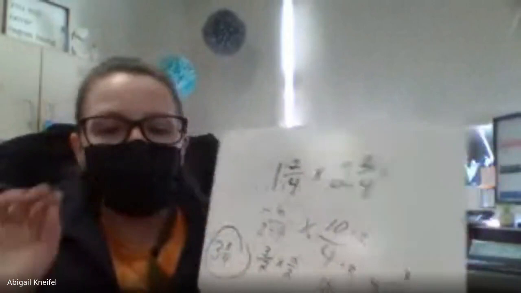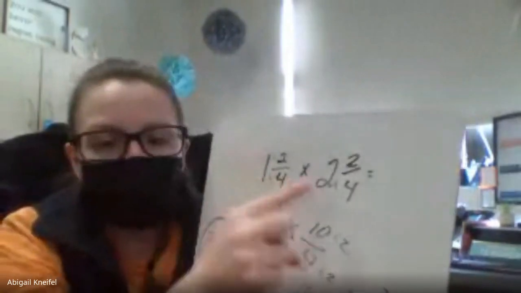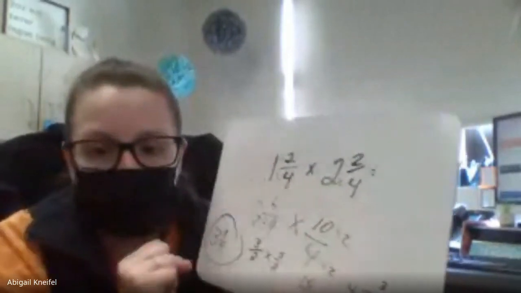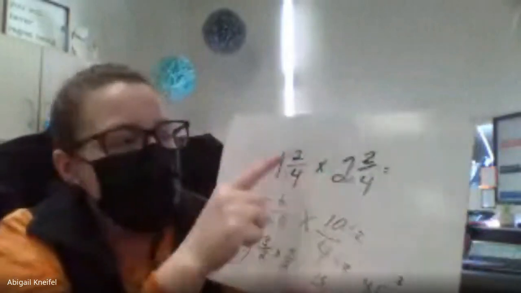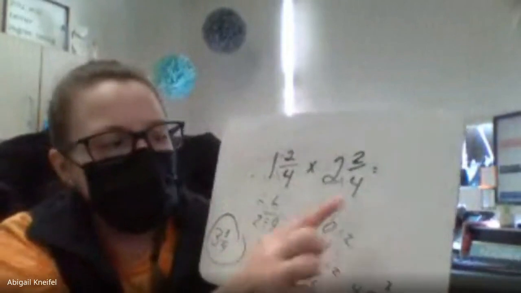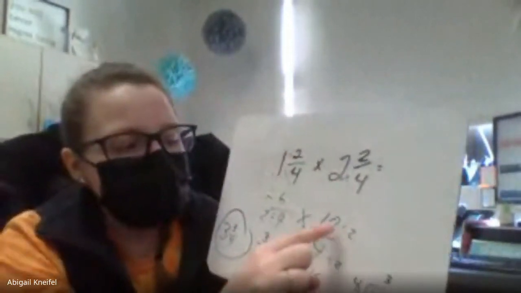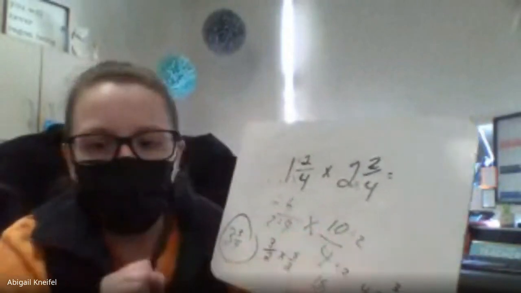All right, so Isabella, look at my screen. First step, you change your mixed numbers into improper fractions, which is what we did before we did this. 4 times 1 is 4, plus the numerator 2. That gives us 6 over 4. 4 times 2 is 8, plus 2. That gives us 10 over 4. So then we had 6/4 times 10/4.